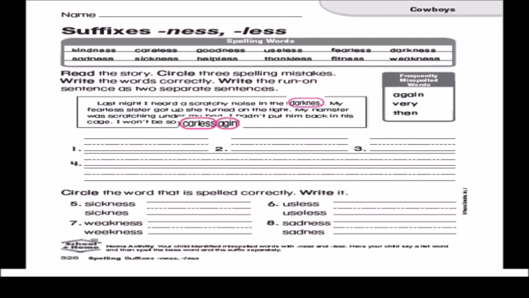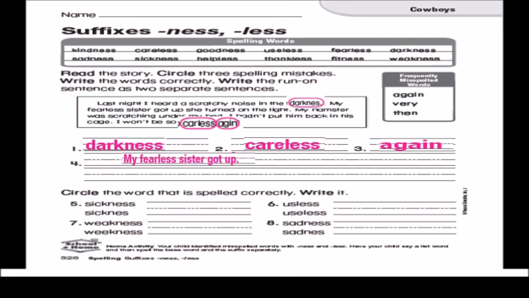Write number 1 correctly, darkness. Number 2, careless. Number 3, again. And the run-on sentence here is what? My fearless sister got up. So this is the first sentence, and then she turned on the light. You have to put a period between them because these are two separate sentences.